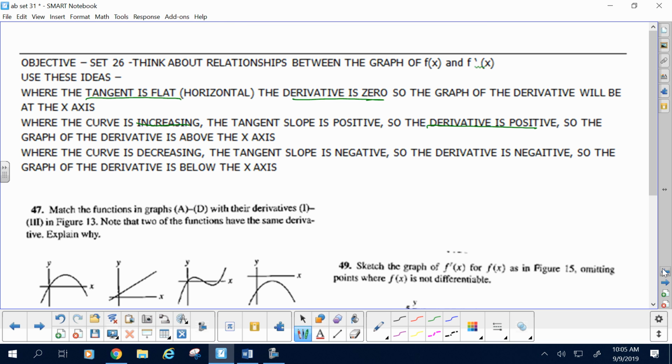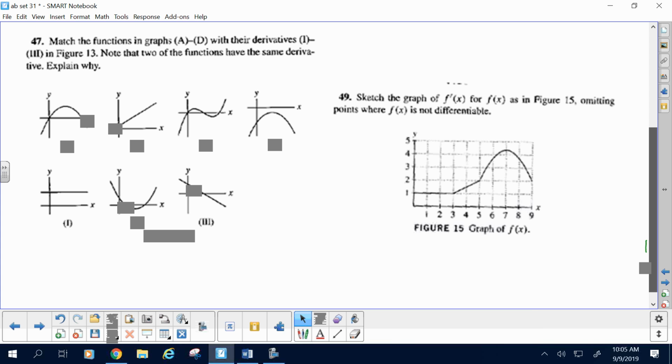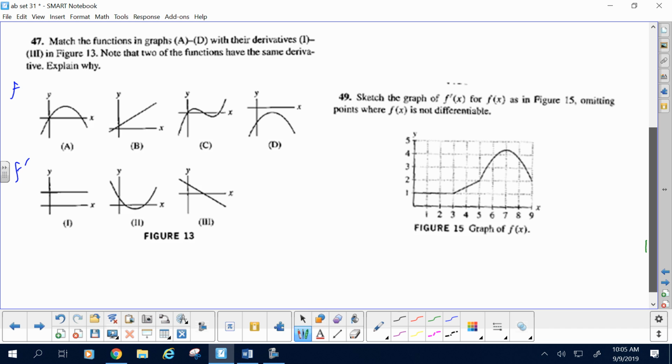Go up to that first example now. I actually have 2 strategies here. First of all, I could do that same idea. These are the functions and these are the derivatives. This, positive, 0, negative slopes.